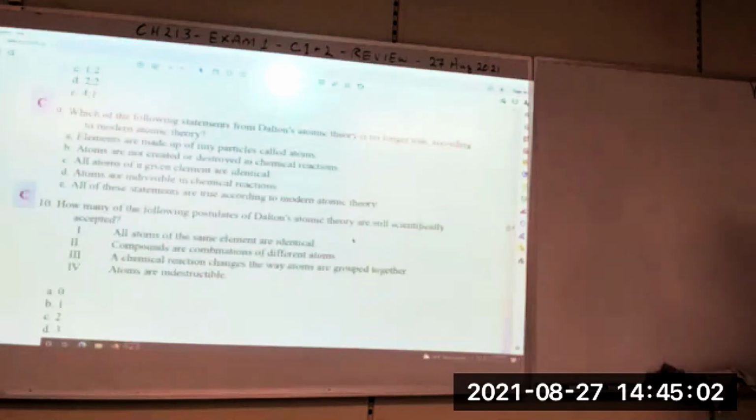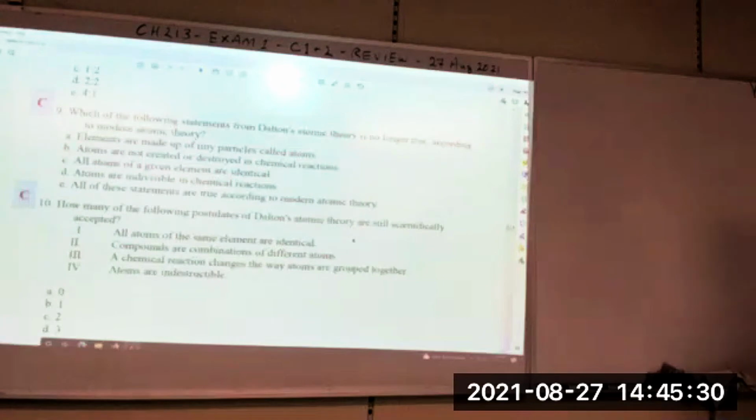Which of these statements of Dalton's atomic theory are no longer true? Well, let's see. Elements are made of tiny particles. That's still true. Atoms are not created or destroyed in chemical reaction. Well, that's true. Wait a minute. Is that part of Dalton's atomic theory? Well, it's still true based on the theory. Okay, so it's all right. All atoms of a given element are identical.